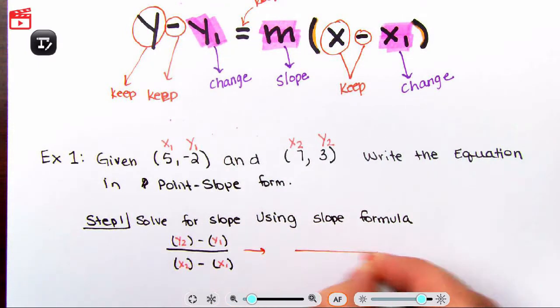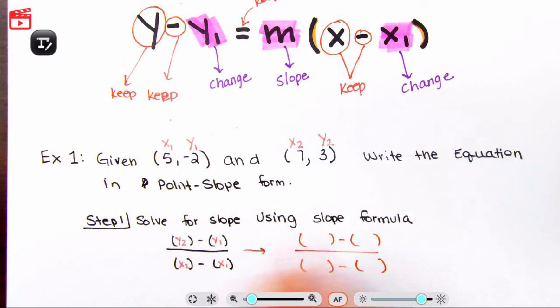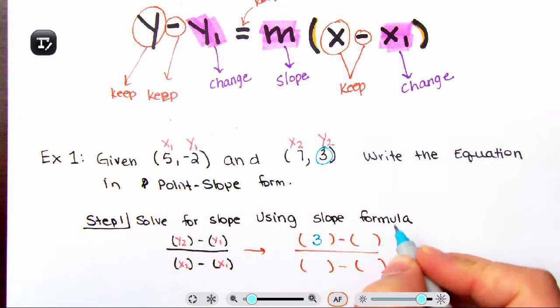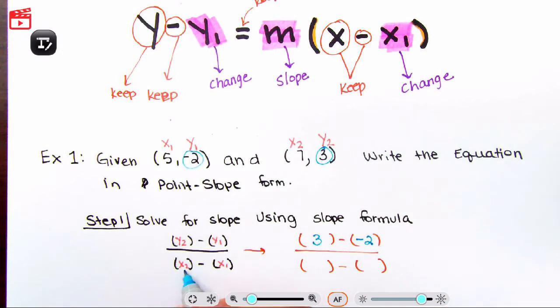So let's fill in our bubbles. So what do we have on the inside? On the inside we have y2. Here's y2. y2 is 3. Then we have y1. y1 is -2. Then we have x2. x2 is 7. And then we have x1. x1 is 5.